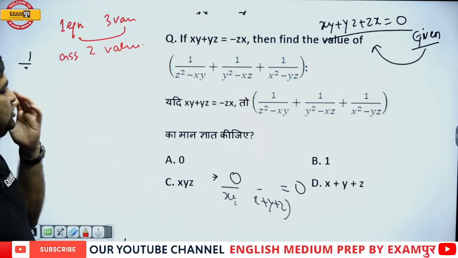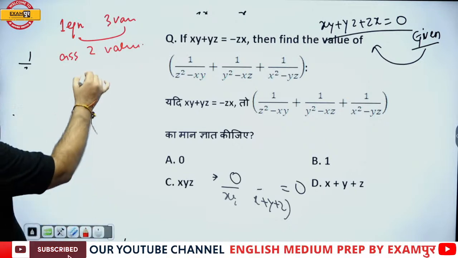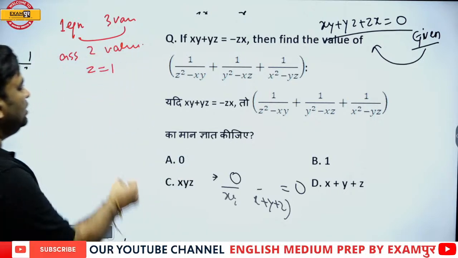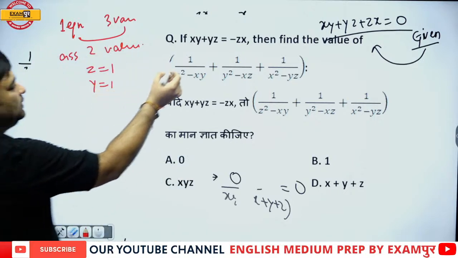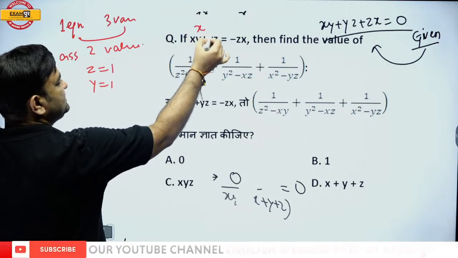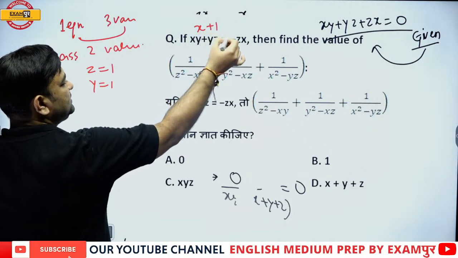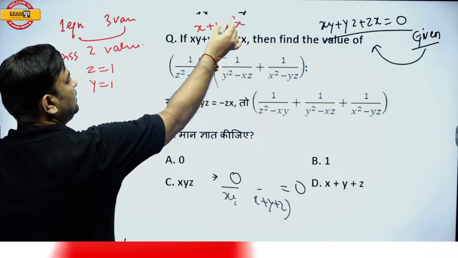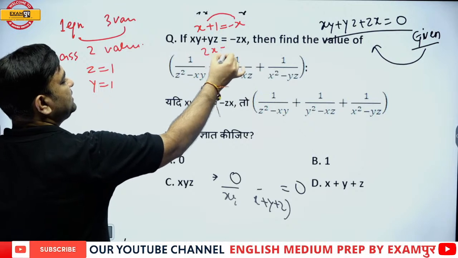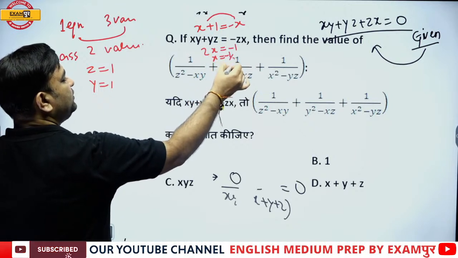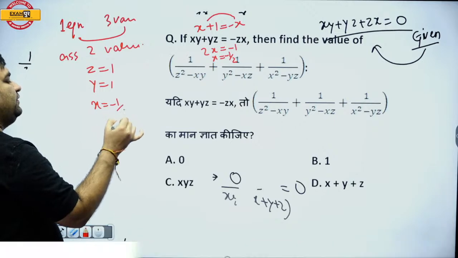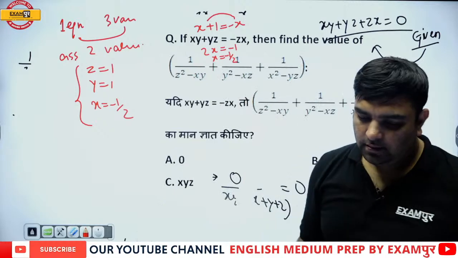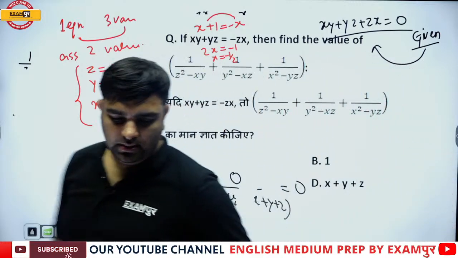So first I assumed z is equal to 1, and I also assumed y is equal to 1. Then xy, yz are both 1, and everything is 1, so 2x is minus 1. x comes out to be minus 1 by 2. Okay, got it?